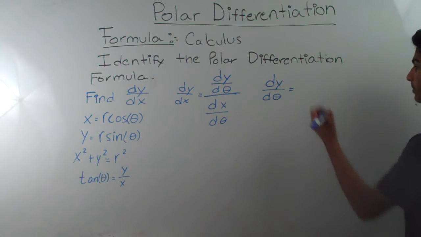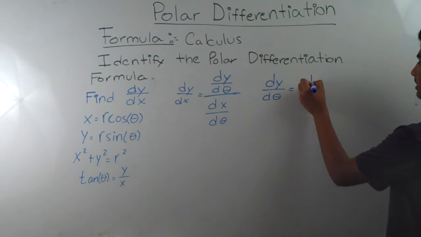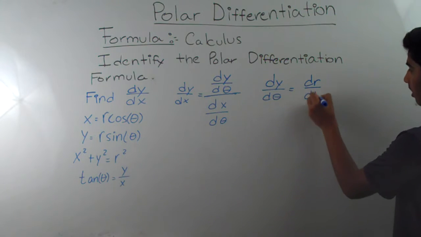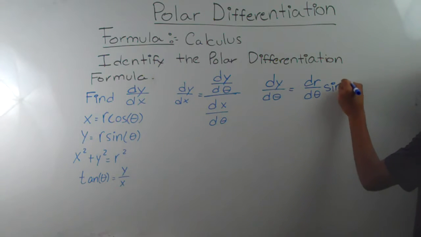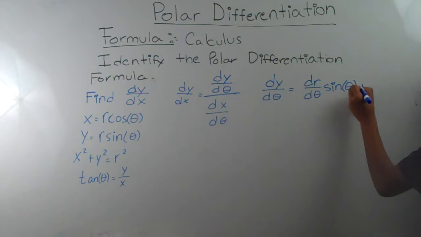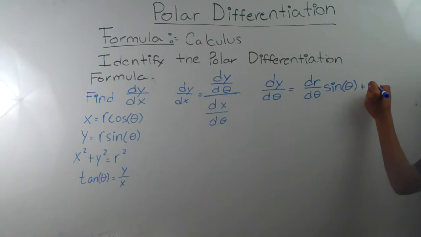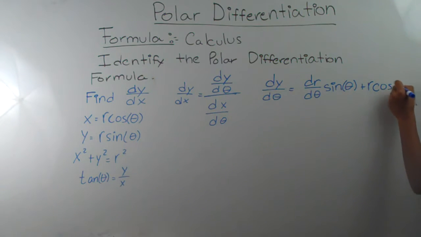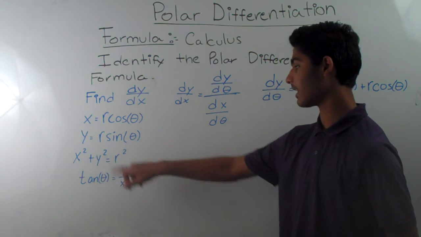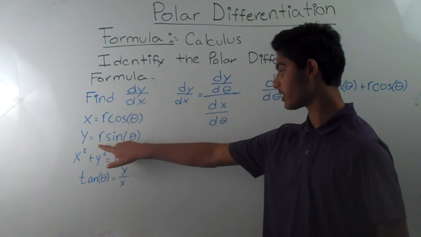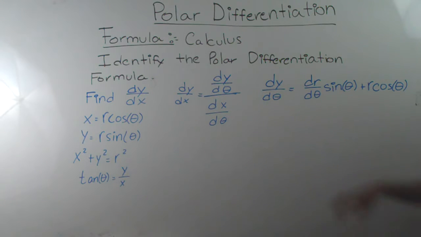So dy/d theta is equal to dr/d theta, or r prime, times sine of theta, plus r times cosine of theta. All we did here was apply the product rule: the derivative of the first times the second plus the first times the derivative of the second. So r prime times sine of theta plus r times cosine of theta.